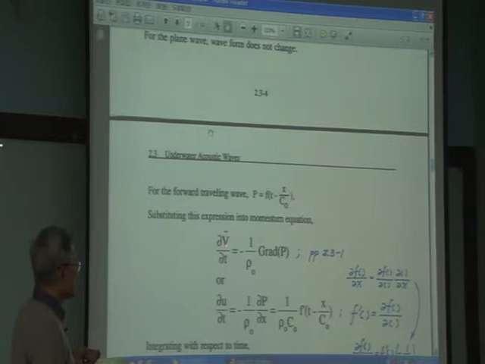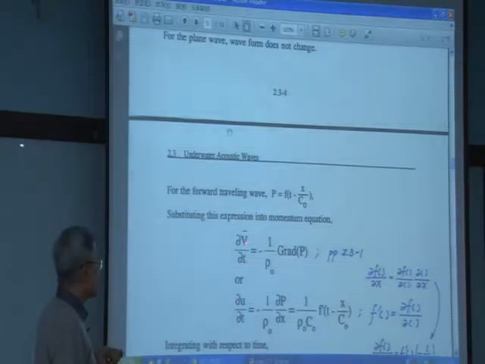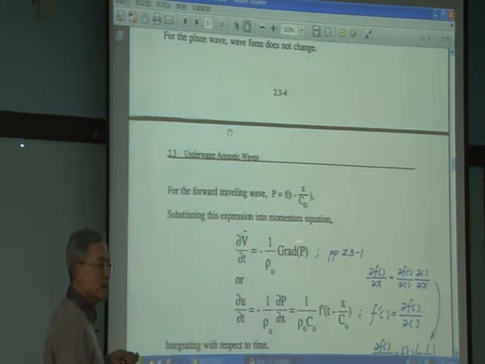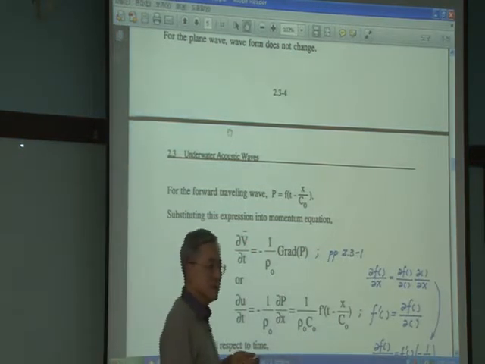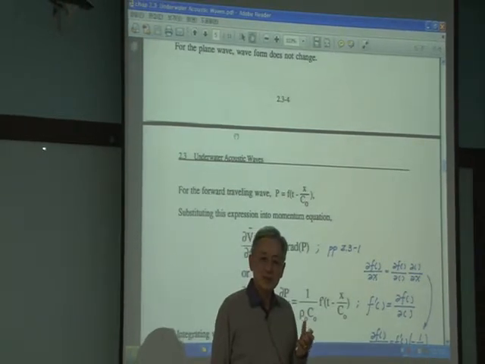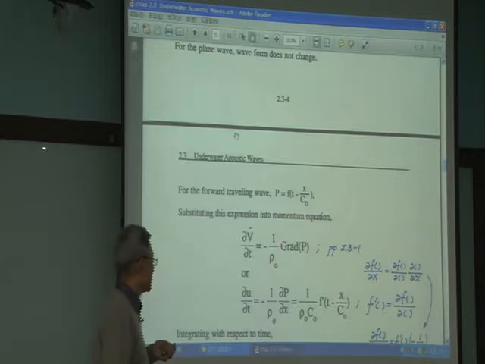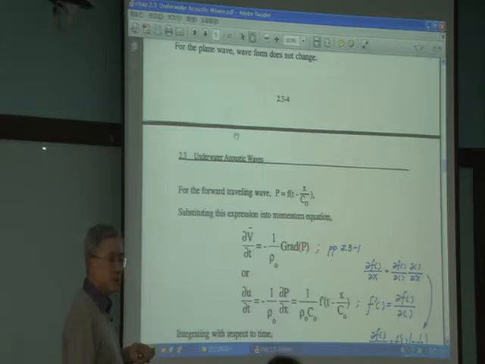So del V, what's the V here? Velocity vector, right? Which is ui plus vj plus wk, where ijk are the unit vectors in the x, y, z directions, minus 1 over rho naught gradient p, okay?